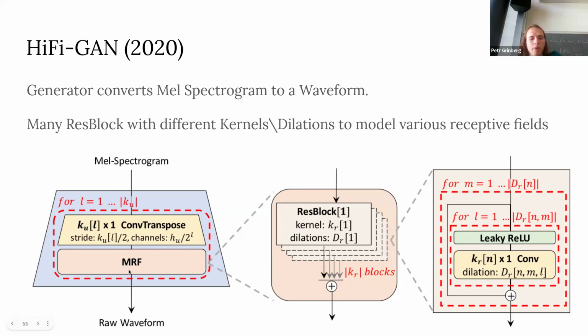This MRF contains res blocks with different kernel sizes and different dilations. So you process your Mel spectrogram with various receptive fields. So each res block takes different contexts from a Mel spectrogram. And when you sum the output, you sum the output from different contexts.